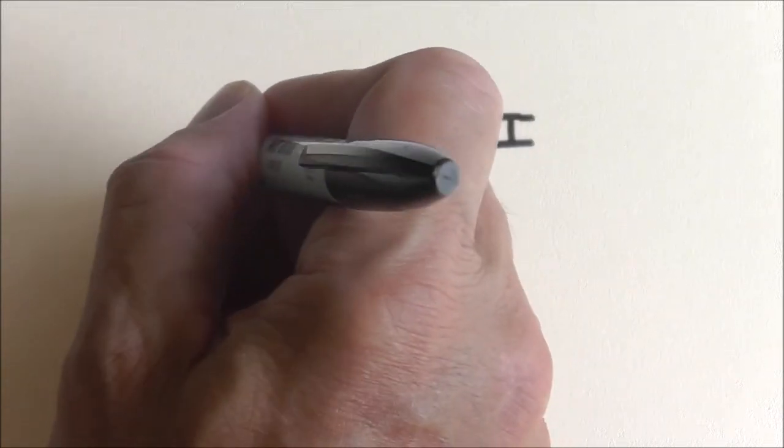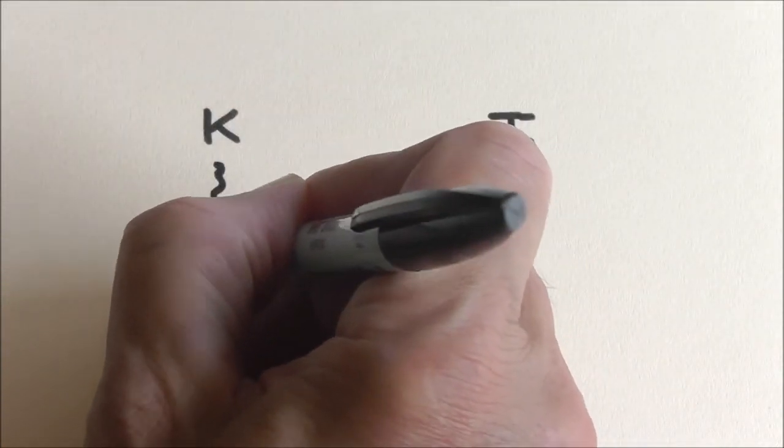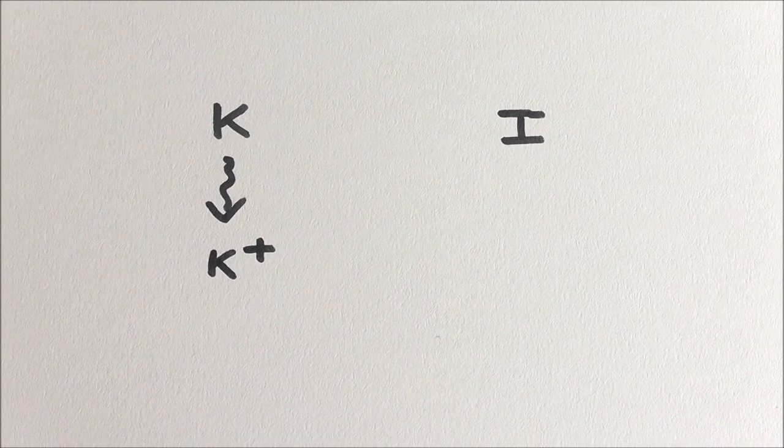So K is going to become K+, because it's in group 1, which is the one with lithium, sodium, potassium, rubidium, and all those lose an electron. Or if you just follow the rules, the group number is the positive ion that they make.